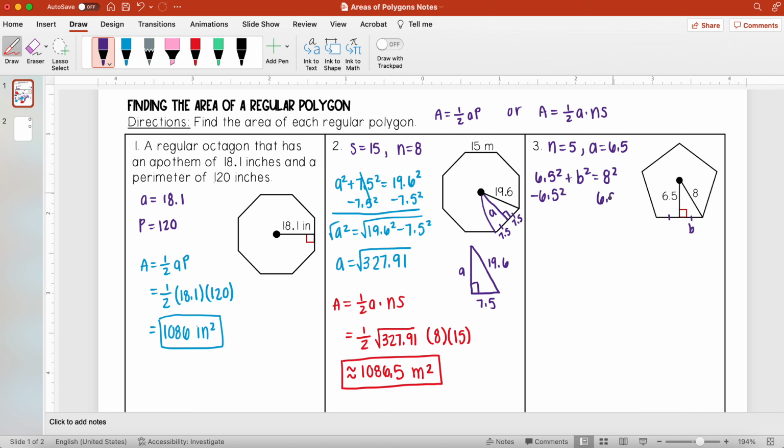Subtract 6.5 squared from both sides, and I get that B squared is equal to 8 squared minus 6.5 squared. Then I'm going to take the square root. And so B is equal to, simplifying inside of the radical, I have 8 squared, which is 64, minus 6.5 squared, and I get 21.75.